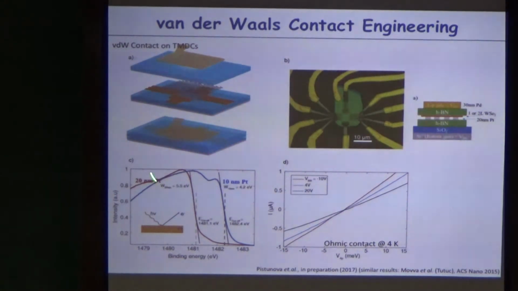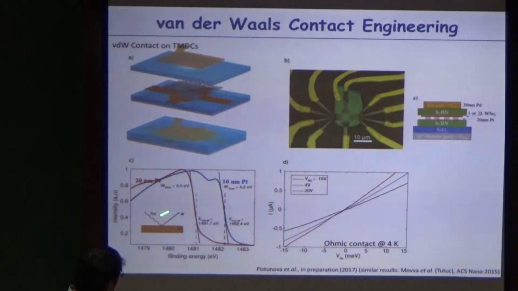We found that by controlling the thickness of the metal electrode, in this particular case a platinum electrode, simply changing the thickness of the platinum electrode, you can tune the work function a little bit. We don't know exactly why, but at least phenomenologically, if you measure photoemission spectroscopy, we know that we can change the work function of the platinum electrode by controlling its thickness.